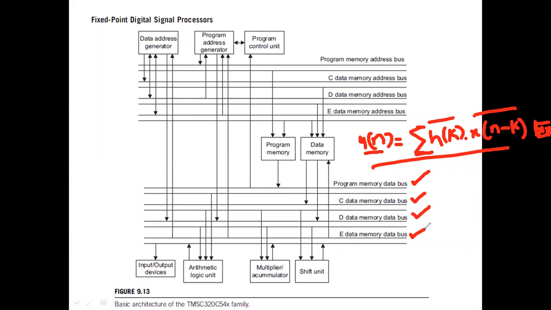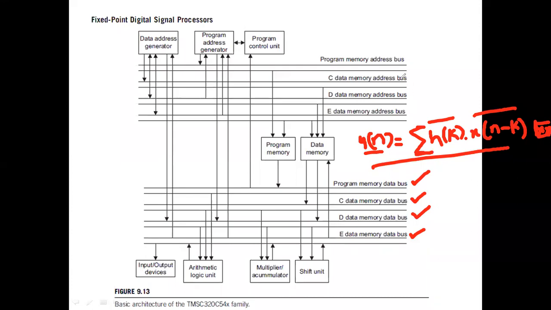So to implement this entire instruction in a single cycle, we need four buses: the program bus for fetching the instruction opcode, two buses to fetch the operands, and another bus to store the resulting data. That explains the data buses.